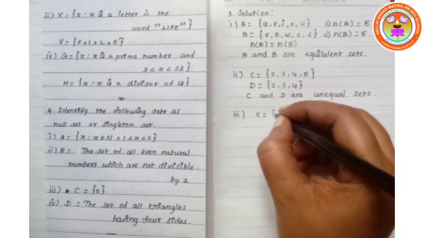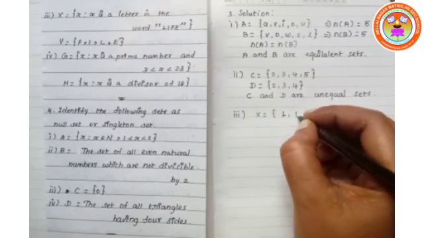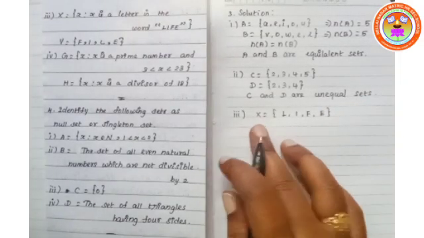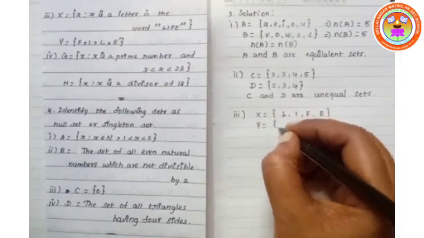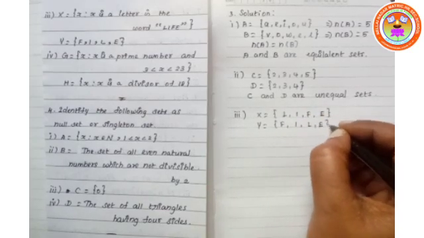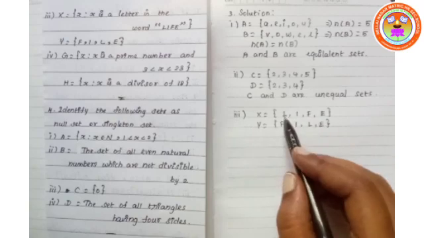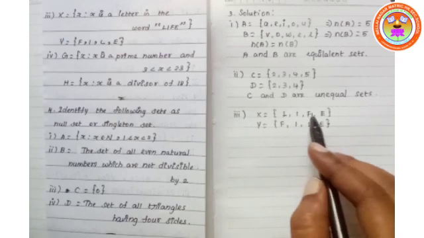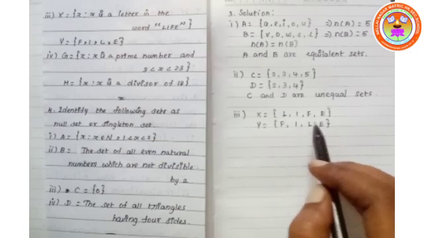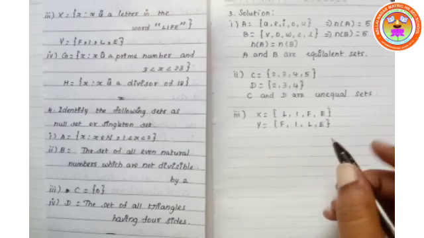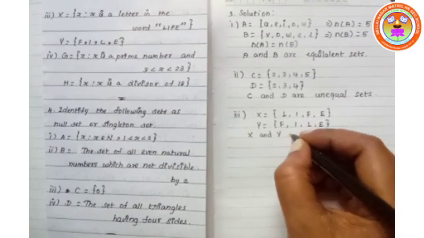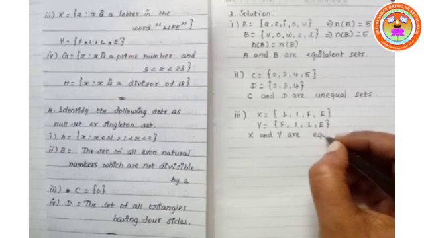So you have to take the letters L, I, F, E. This is the set X. Then Y is equal to the set of all F, I, L, E. Now you see L, L, I, I, F, F, E, E. The number of elements is also equal, and all the elements are also equal. Therefore, X and Y are equal sets.